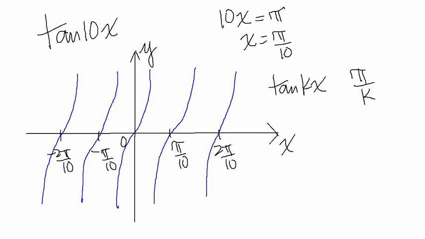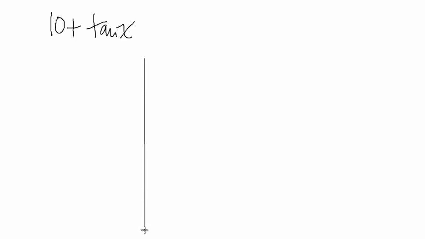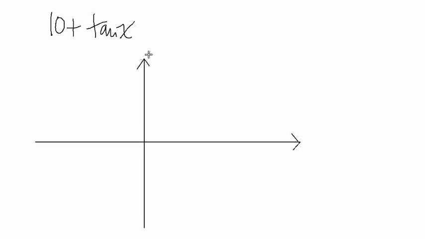All right, now let's do this one. What about 10 plus the tangent of x? What would the graph of that one look like? Well, the period for this one would be the same as for a regular tangent function. And the graph would be shifted vertically. That's the correct transformation. So we're still going to have the same x-intercepts.